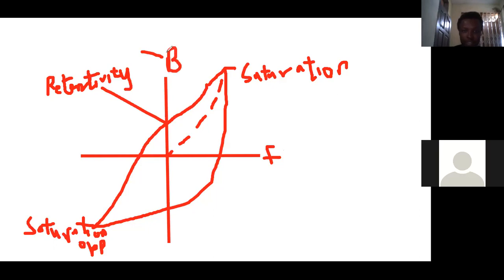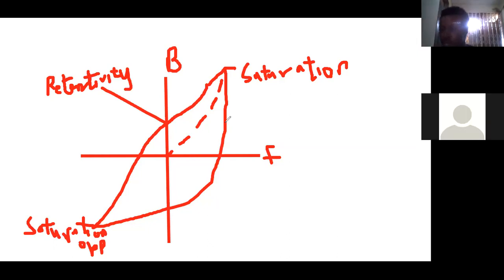So bear with me that when it is placed in an external magnetic field, it will become magnetized. And the longer it keeps being in the magnetic field, the more its magnetism keeps increasing.